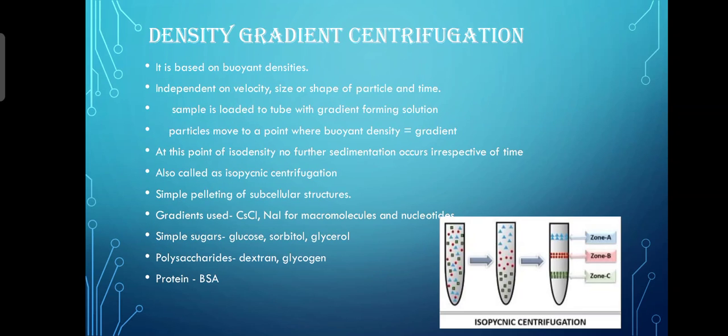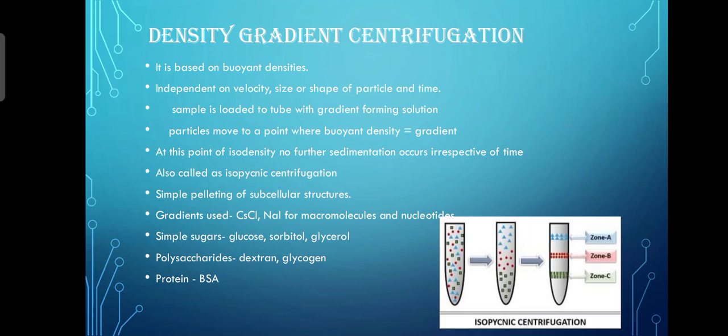And the second one is density gradient centrifugation. It is based on buoyant density. It is also known as equilibrium sedimentation. It employs a medium which has gradients. It is independent of velocity, size or shape of a particle and time.